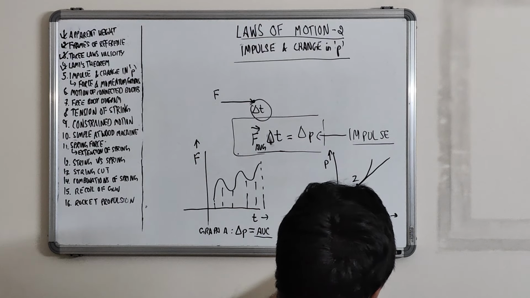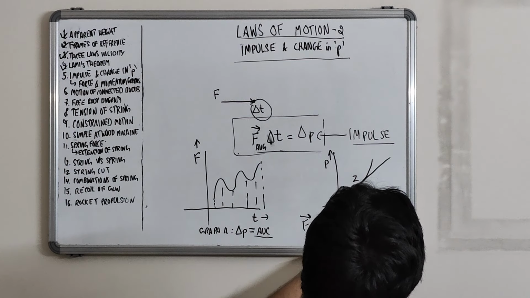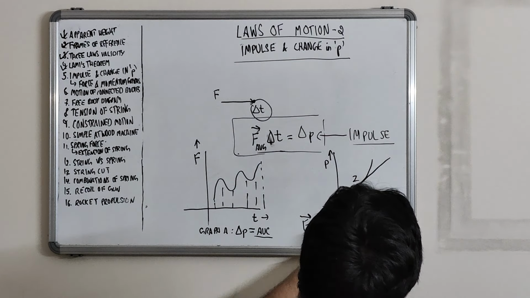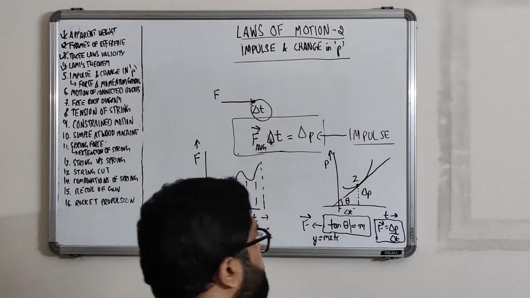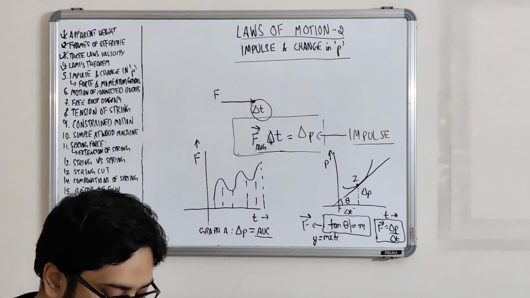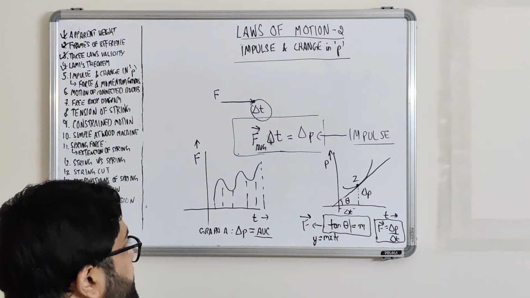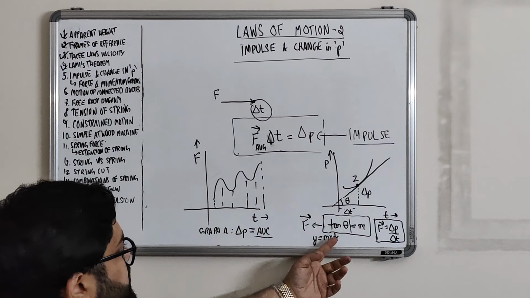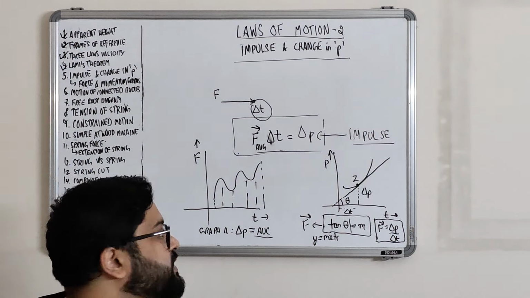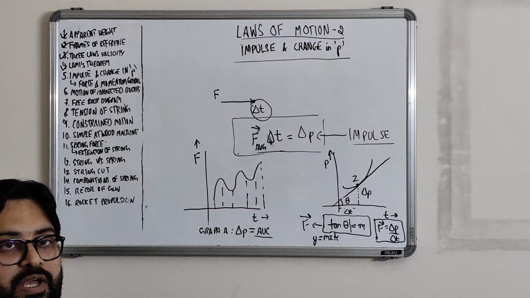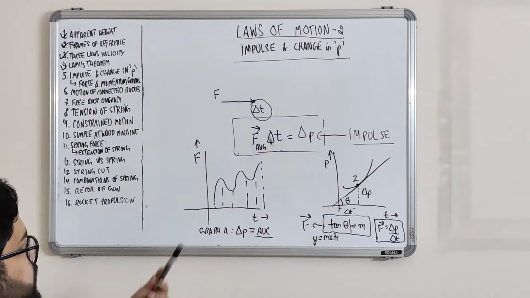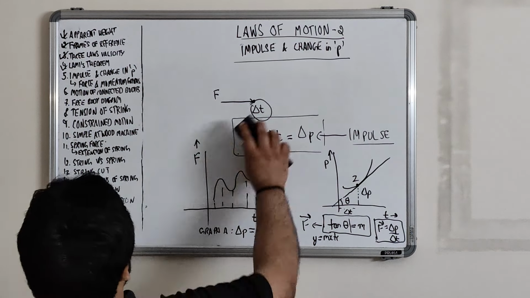So F is equal to delta p by delta t. Isn't that correct? So there are different ways of doing that. You just need to get this tan theta value, and this will help you. And if you want to calculate change in momentum or impulse, you can just take the area under the curve, right?